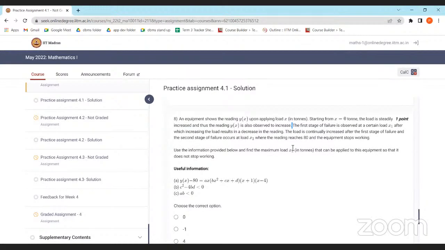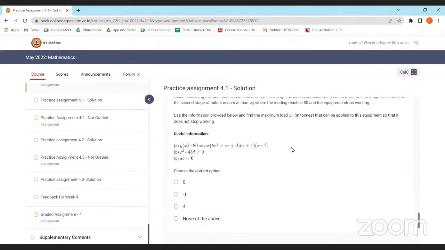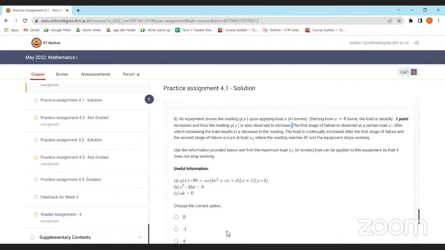That's why I'm asking how I could approach this kind of question. You can go through the solution here. Yes, sir, I did, but it's not clear for me. This is visible, right? The solution.